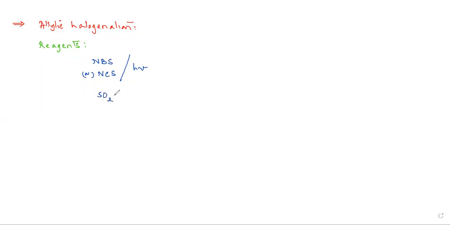There is sulfuryl chloride in the presence of sunlight or peroxide. Then, of course, chlorine at a high temperature. All these are meant for allylic halogenation. Okay.